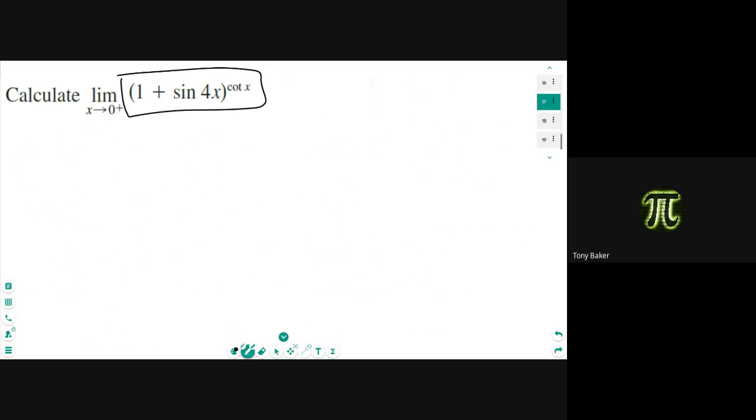But if I plug in 0 to cotangent, I believe that goes to infinity. Cotangent of 0 is infinity. So I get 1 to infinity. So what do we have as a method to get the cotangent out of my exponent?